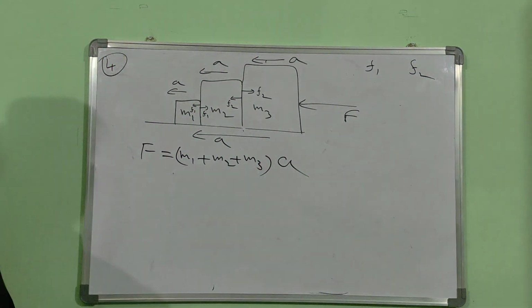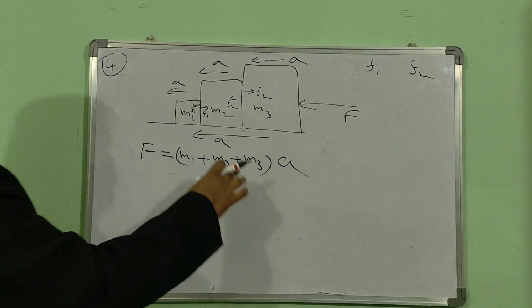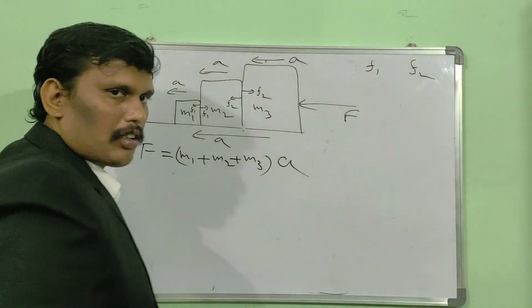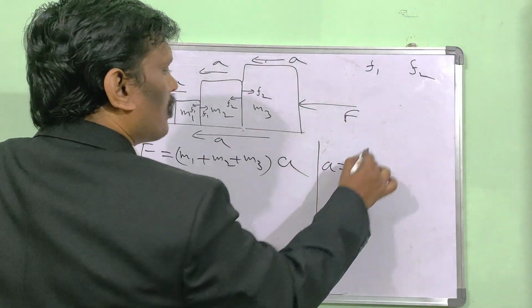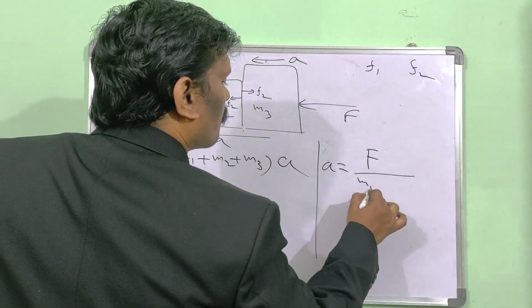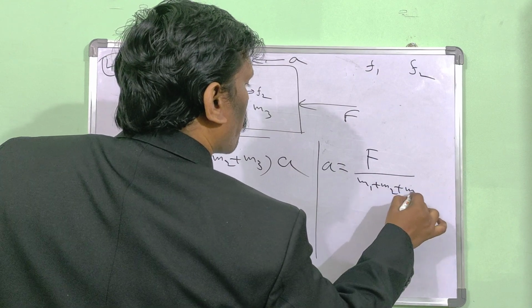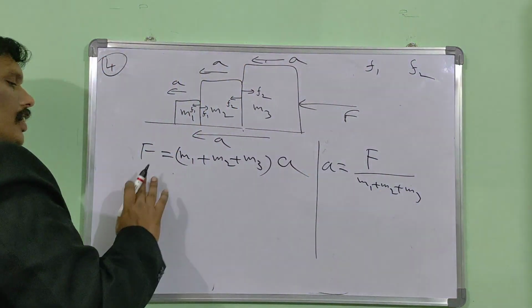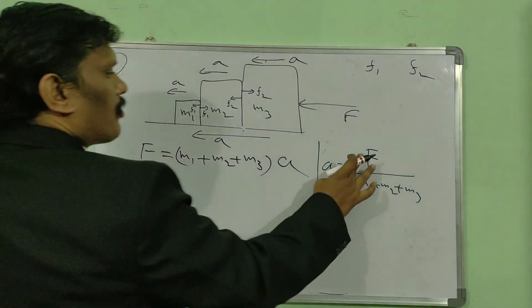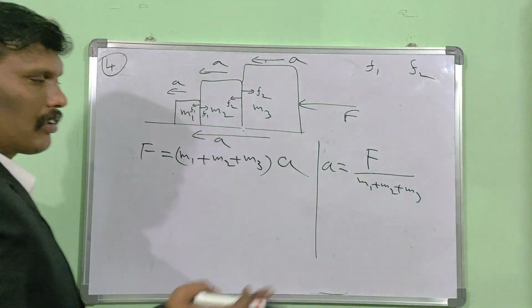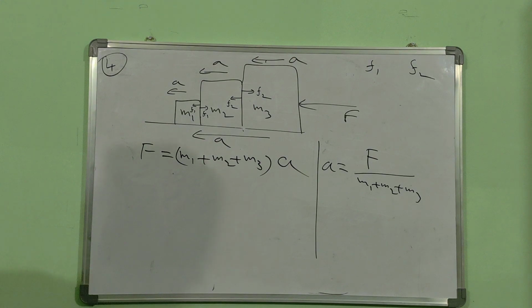By using this formula, we can calculate the applied force on the system, provided M1, M2, M3 values and the acceleration of the system. Suppose you need to calculate the acceleration of the system: force upon M1 plus M2 plus M3. These are equivalent only. If you know the acceleration and masses, calculate force. If you know the force and masses, calculate the acceleration. Both are equivalent only.